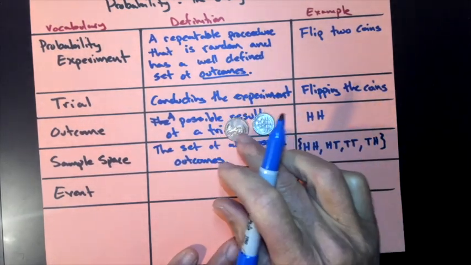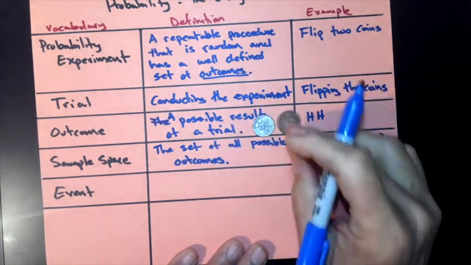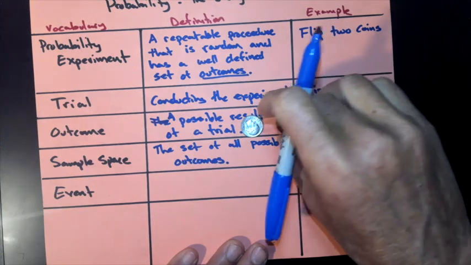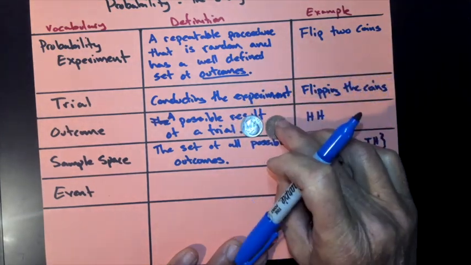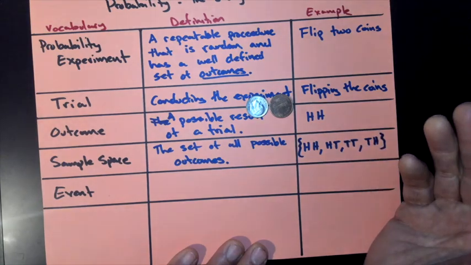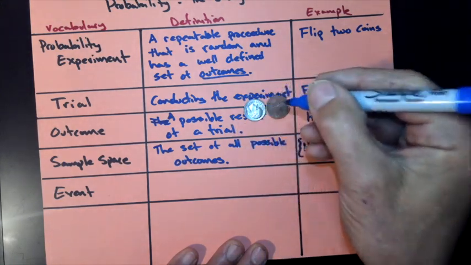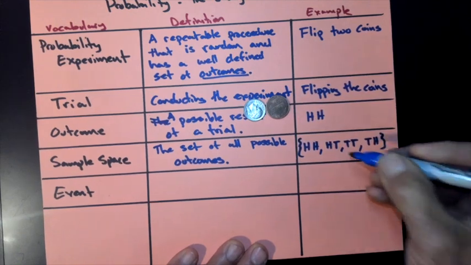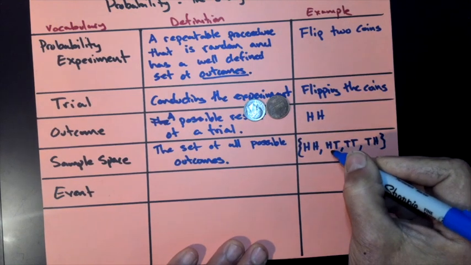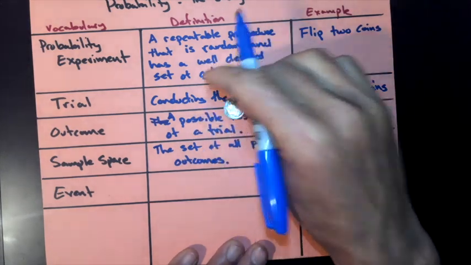That's still heads on the penny, tails on the dime. It's the same as that. But physically, this is a different result, and it has to be one of our possible outcomes. And if I wanted to find out the probability of getting a heads on the dime and a tails on the penny, then it would just be this one, not that one. So there would be 1 out of 4. So we have to keep that straight.